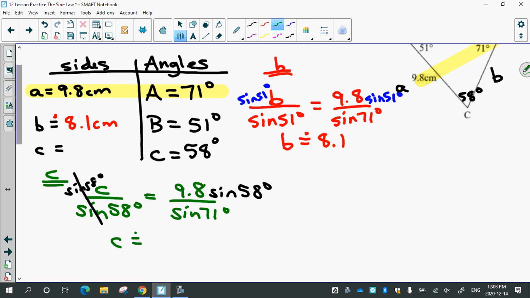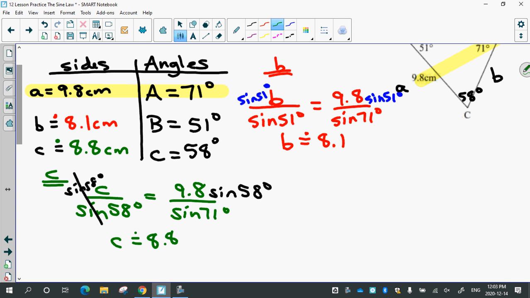Did you guys get 8.78? So it rounds up to 8.8. So then you have to remember in your chart to put a dot above your equal sign, 8.8, and then centimeters.